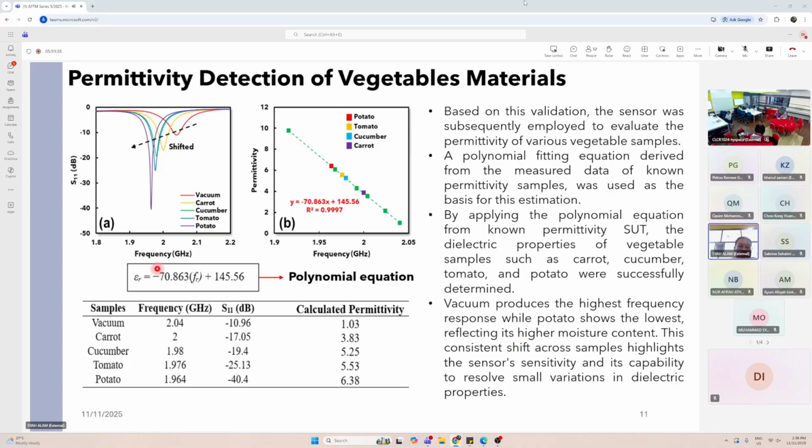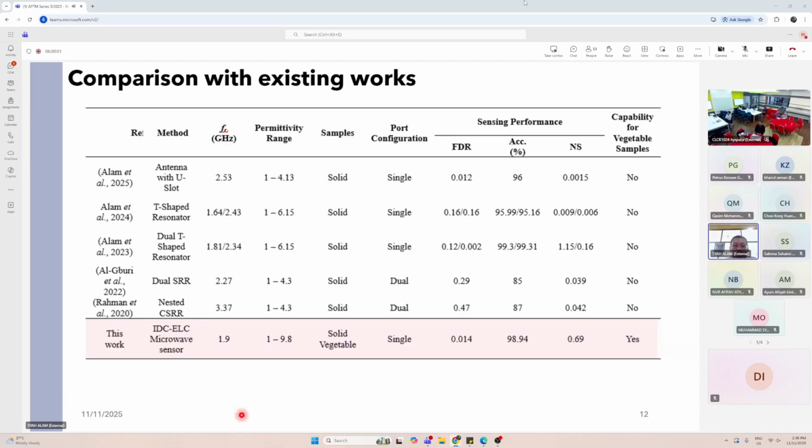As we can see here, the S11 performance and the frequency move lower when we place carrot, cucumber, tomato, and potato in the sensing area. We can then calculate using this formula to determine the permittivity of the carrot, cucumber, tomato, and potato.